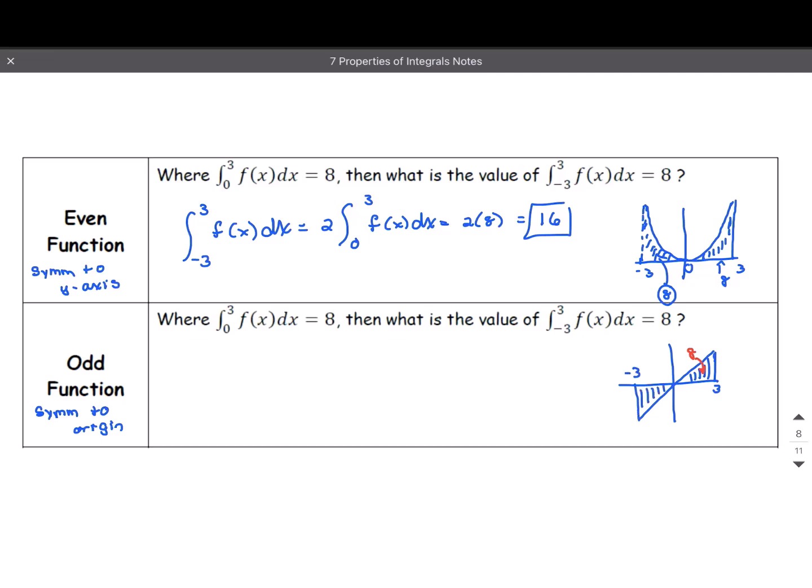Now, the area is still 8, but the integral is going to be -8 because it's signed area. So that means that the integral from -3 to 3 of f of x dx, if I add that up, that's 8 plus a -8, that's just 0. So odd functions, the positive area and the negative area, are going to add up to 0.